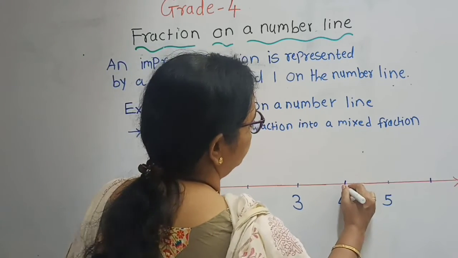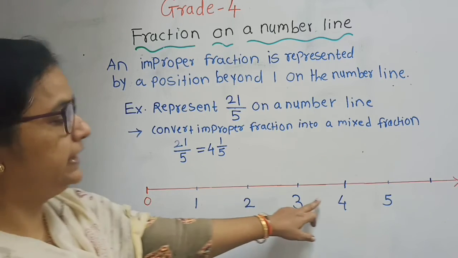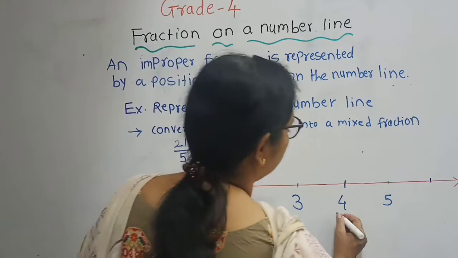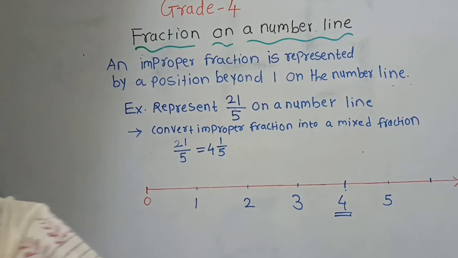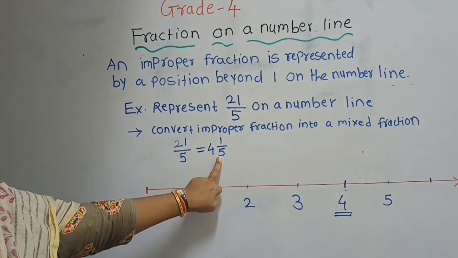Yes, we reach here 4. These are the big divisions. Then take the fraction part. Now 1 upon 5 is the fraction part.